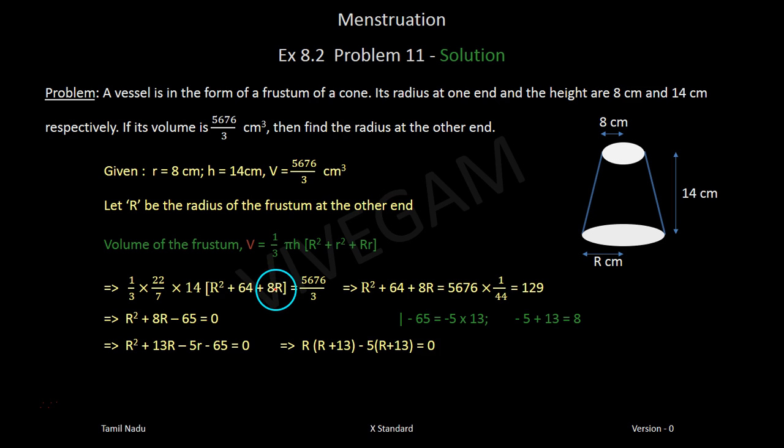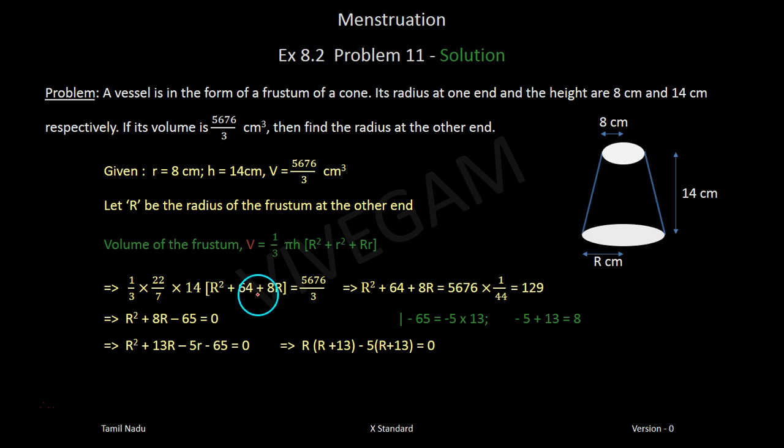So it's 8R, and this will be equal to 5676 by 3. Okay, 7 will go 2 times, and this 3 will get cancelled. So you will be left with 22 into 2 here.